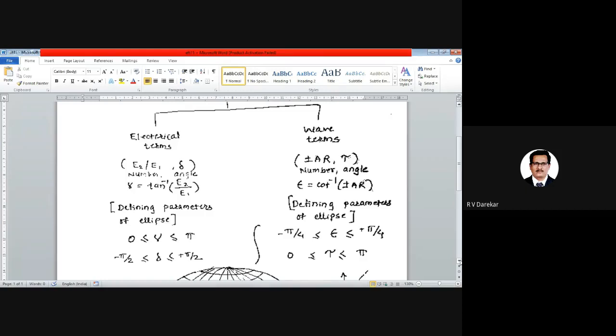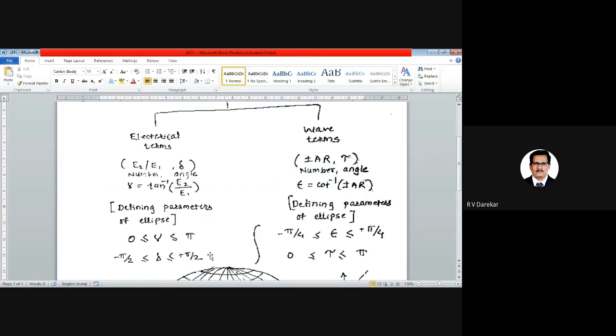Therefore, for restructuring any elliptical parameter terms, we can define the concept as shown here. The range of gamma will be only 0 to pi, which is similar to the value of tau, which also has the range 0 to pi. Now, why it is so, we will observe within a moment.